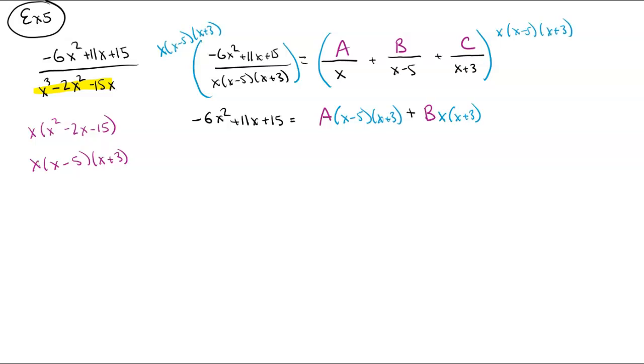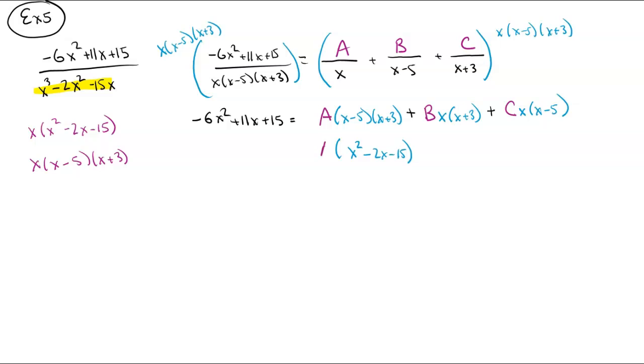Right? Again, put a little addition sign. And our third term, which is c. And again, the c has an x plus 3, so it is missing the x and an x minus 5. Now, you could write x minus 5 and x plus 3. We could just easily write this as just x squared minus 2x minus 15, right?